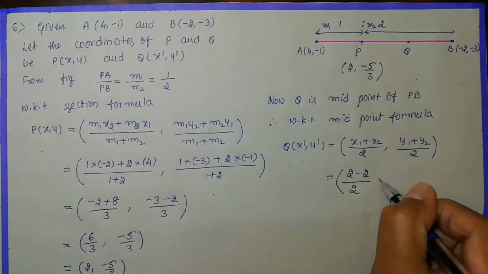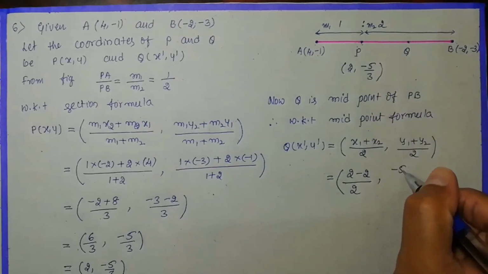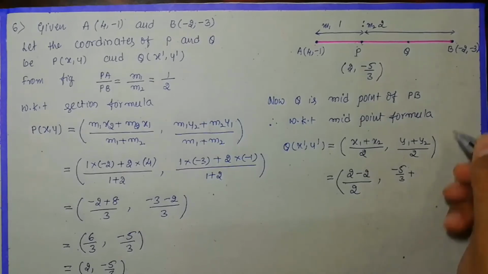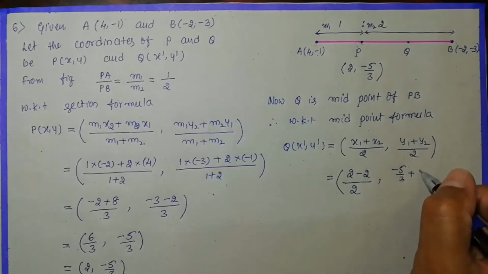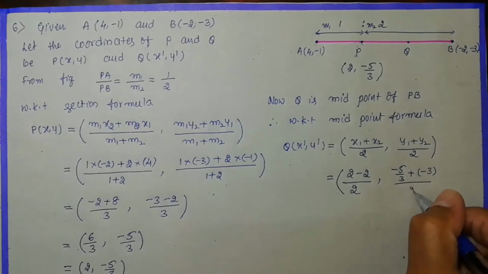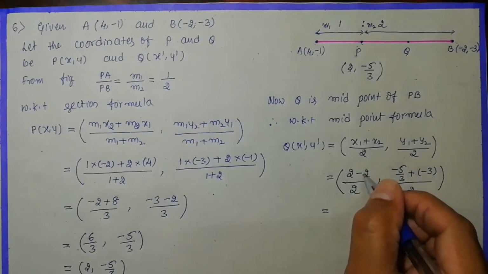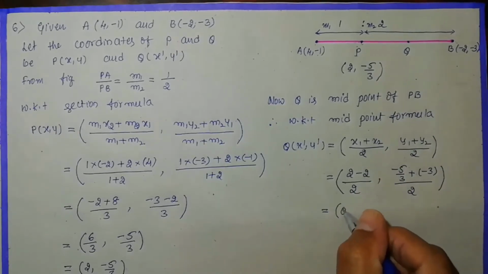And y1 is minus 5 by 3, and then plus y2 is minus 3. I'm going to put the bracket here, and then the whole divided by 2. Now look here, 2 minus 2 will become 0. 0 by 2 is always 0, remember.